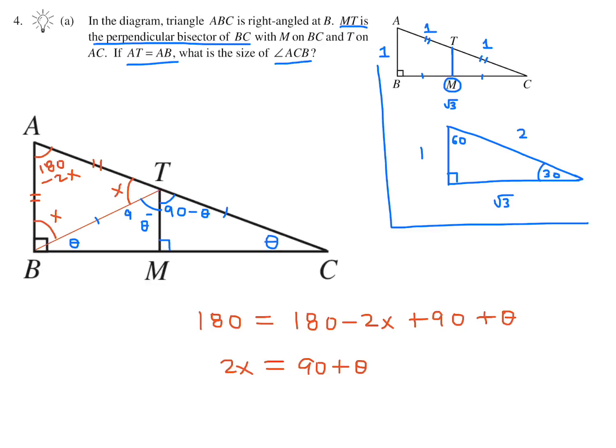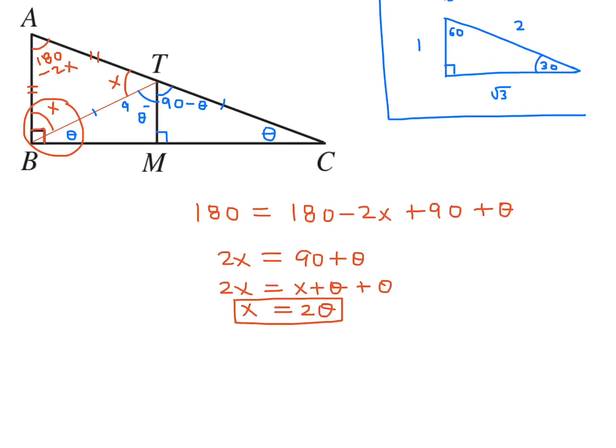And 90 here is x plus theta, so it's probably helpful to put that in instead of the value of 90. And then this becomes x is equal to 2 theta. So we've got a very important relationship in our diagram.